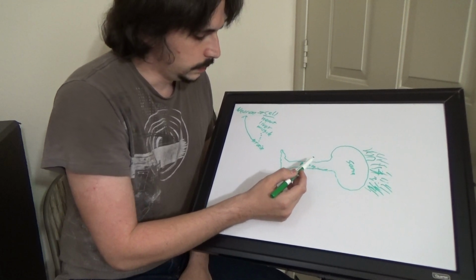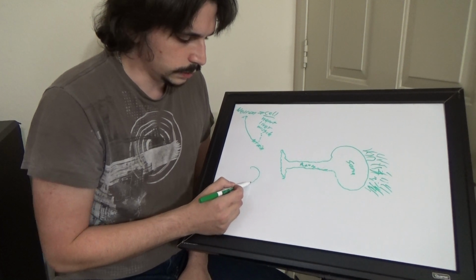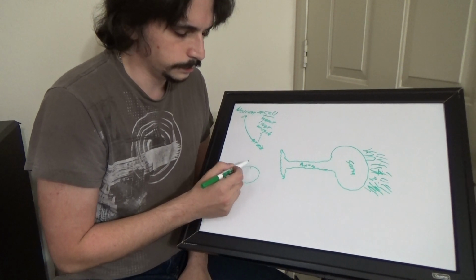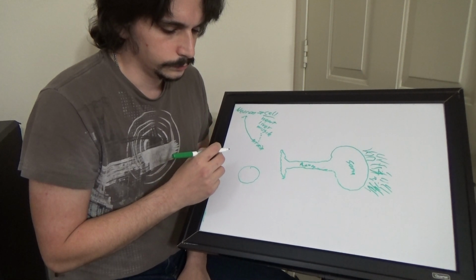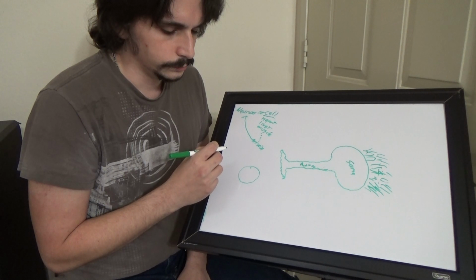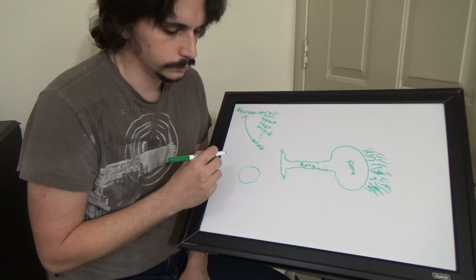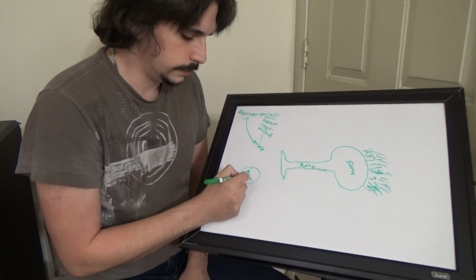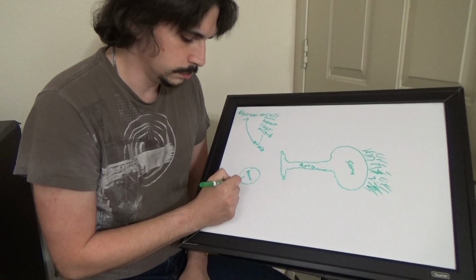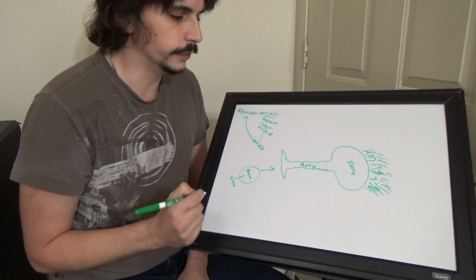So when a stem cell is told to become a brain cell, it transforms into this.